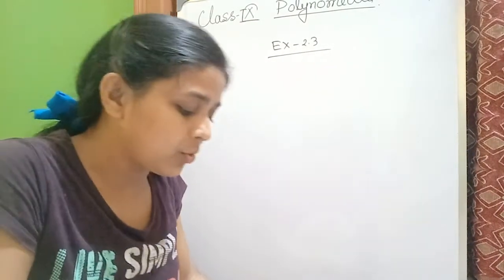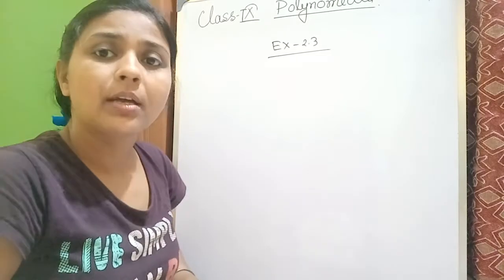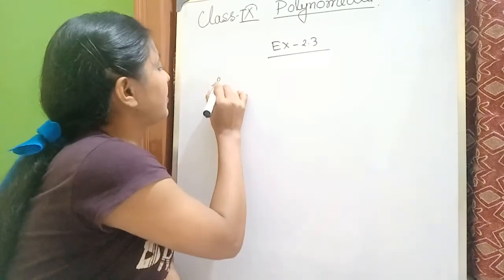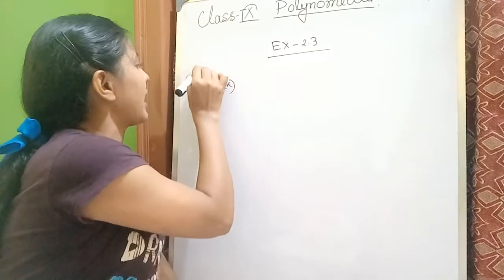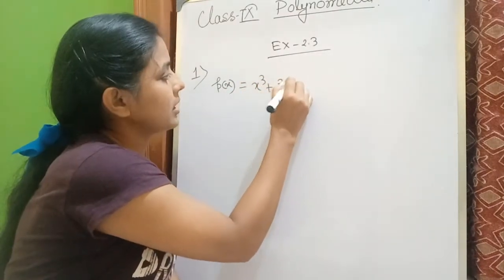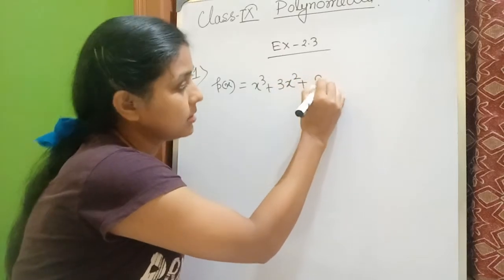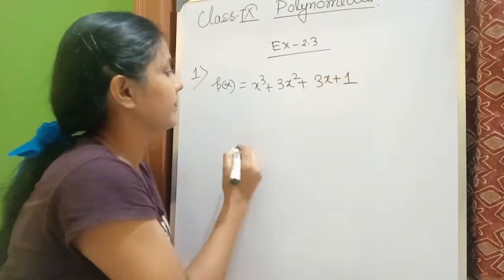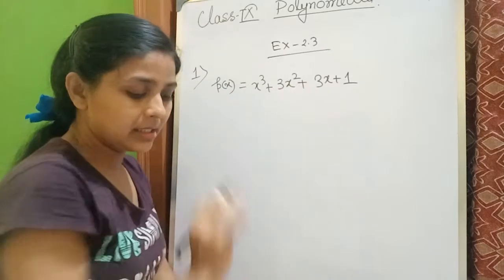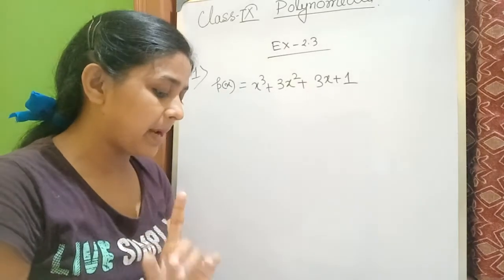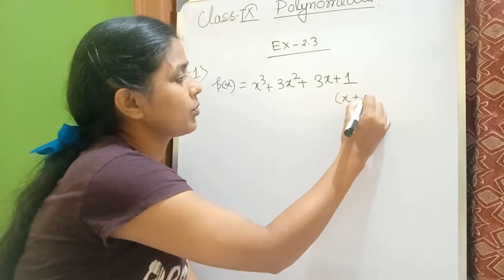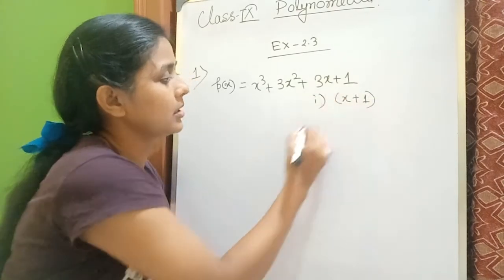The first question is, find the remainder when p of x equals x cube plus 3x square plus 3x plus 1 is divided by number 1, x plus 1.